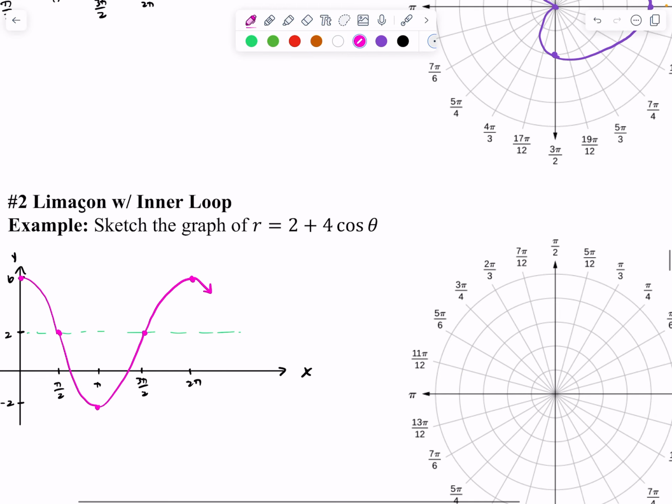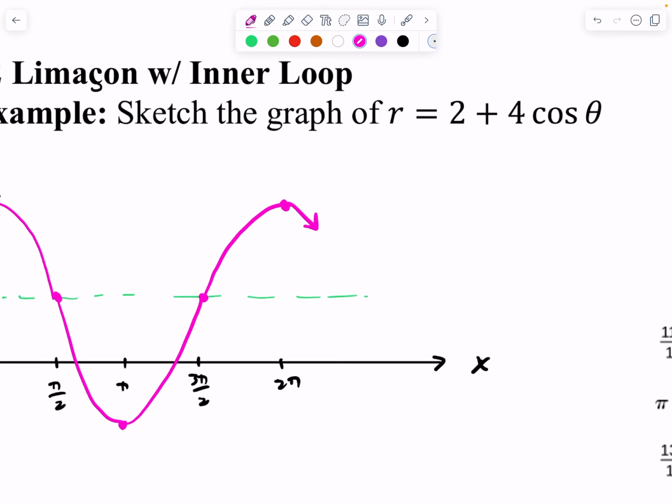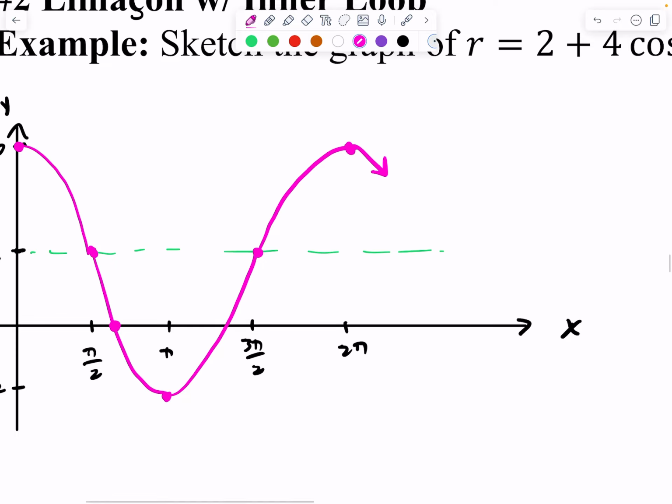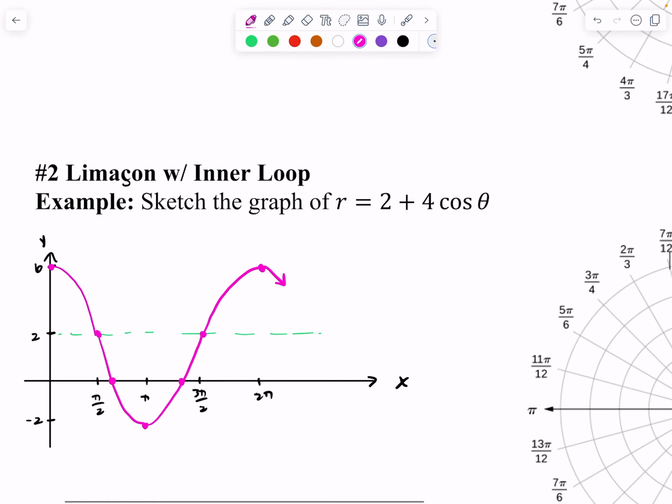And it would be probably helpful for us to figure out what these points are in this case. You don't always have to do that, but just for this first graph. After you get to the point where you recognize this is a limacon that has an inner loop, you don't really have to do this.